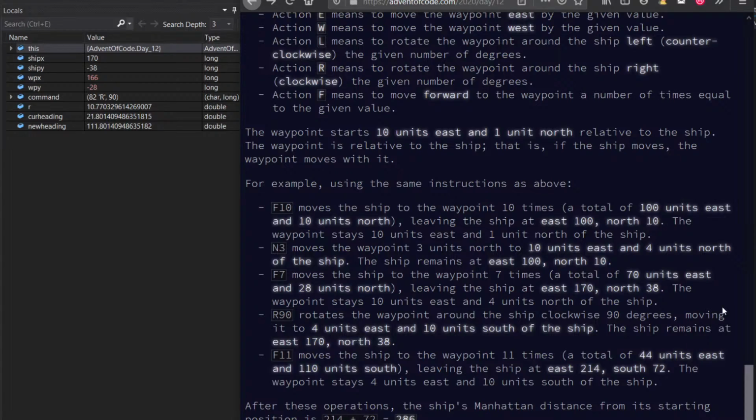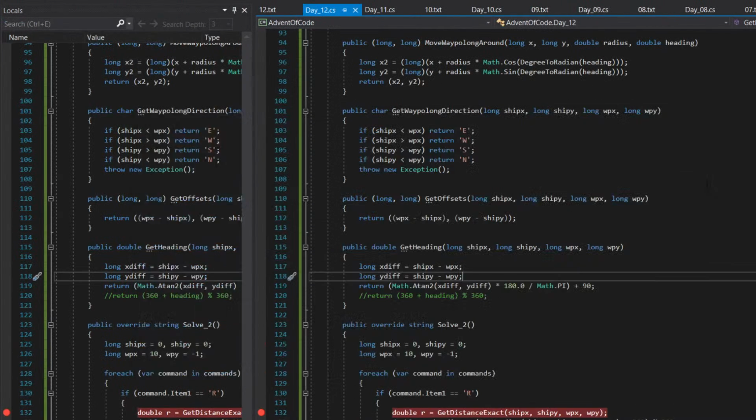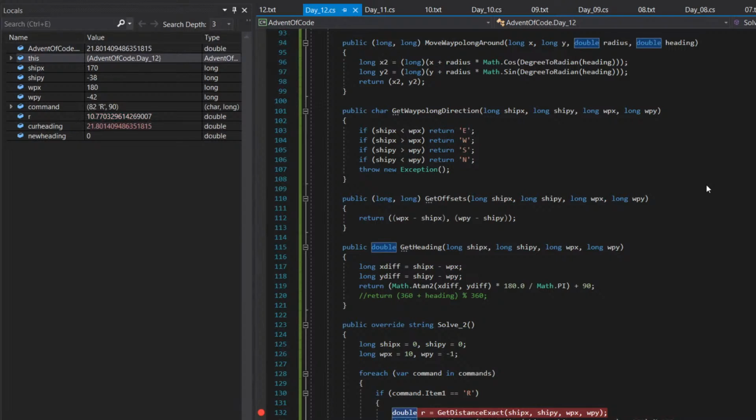Current heading was 21. New heading is 111. So 170, 180 is to the right, and 42 is up. So why is current heading 21?